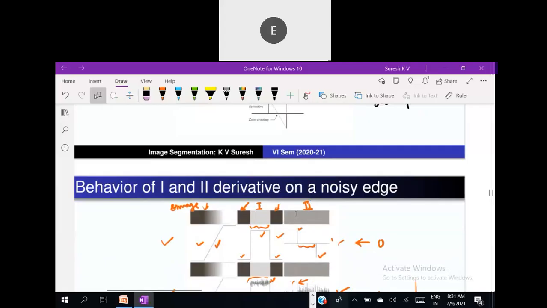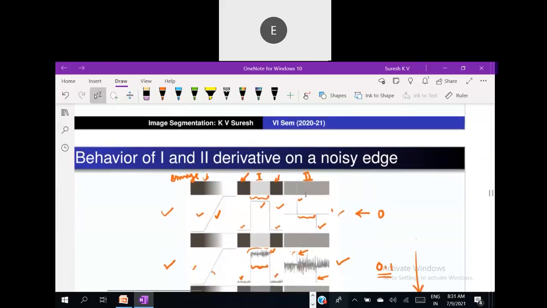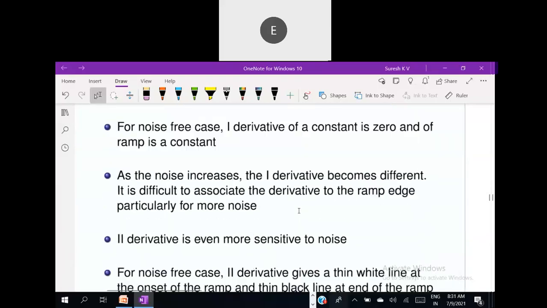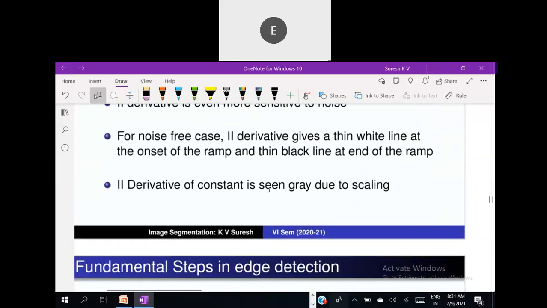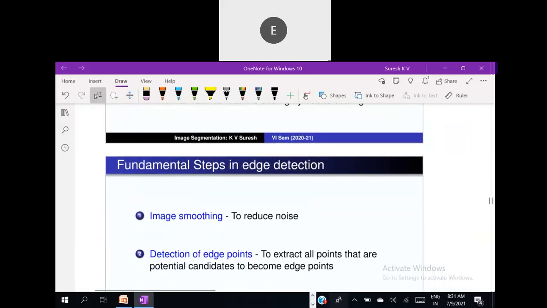But to show these thin edges, to demonstrate, this particular image is actually scaled. That's what he says here: the second derivative of a constant is gray due to scaling. You have just increased all the gray level values so that you can see all of them. So don't think it will be gray, it will be 0. I hope you understood. Okay.